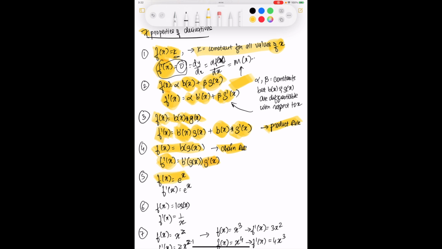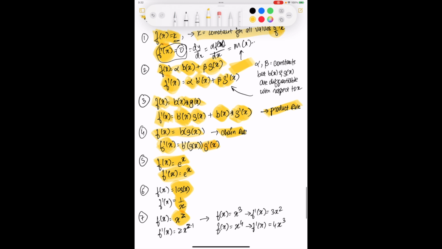If it's given the derivative of e of x, it can be written as e of x. Yeah, it's the same. The derivative of a log function, log of x, is 1 by x. The derivative of x raised to the power z is z x raised to z minus 1. Yeah, so if you're given a function f of x is x cubed, you want to find f dash of x, the derivative, it's 3x squared.